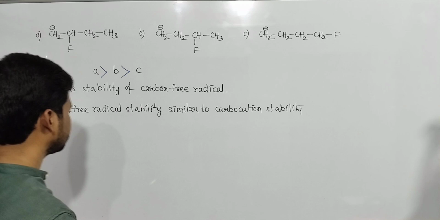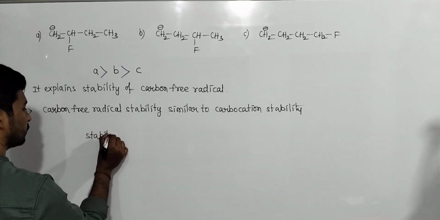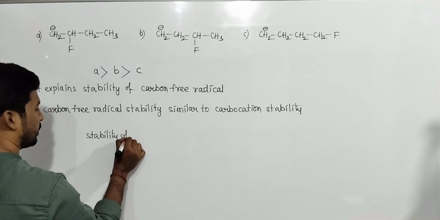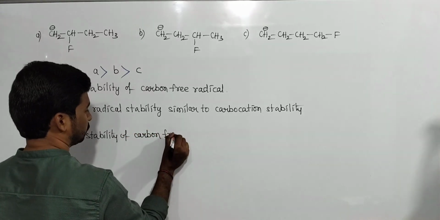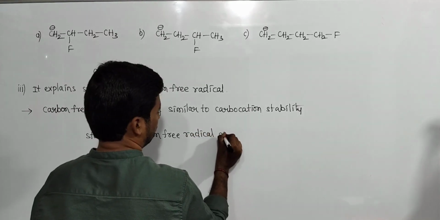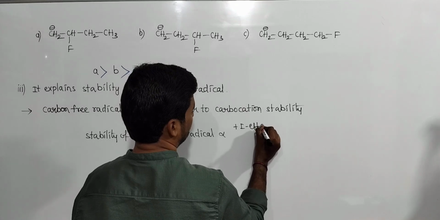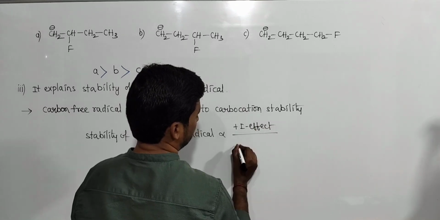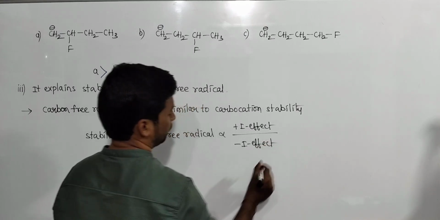What does it mean? Stability of carbon free radical is directly proportional to which effect? Plus I effect, similar to carbocation stability. Inversely proportional to which effect? Minus I effect.